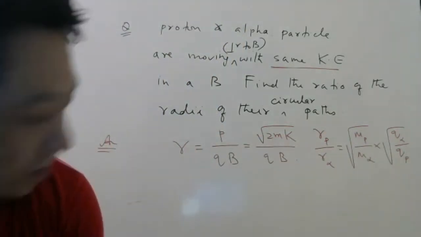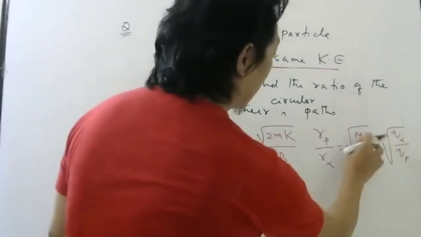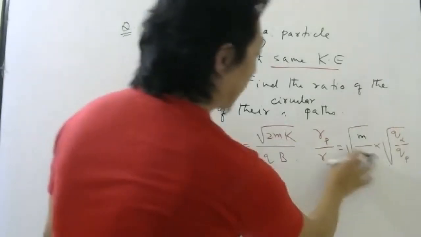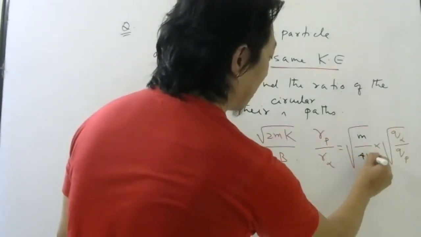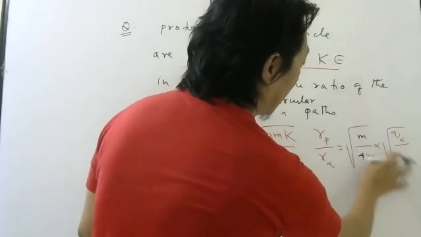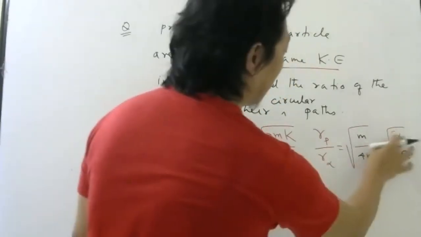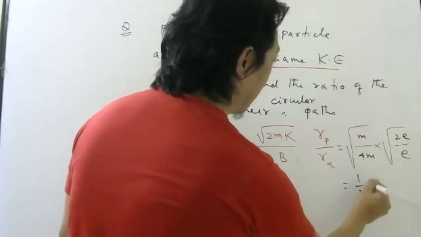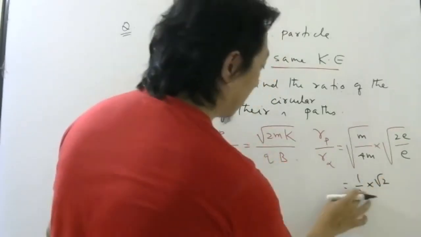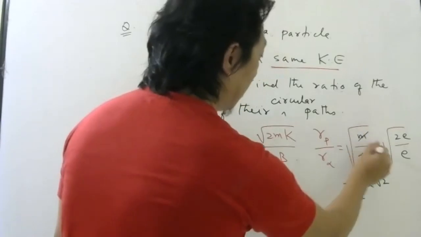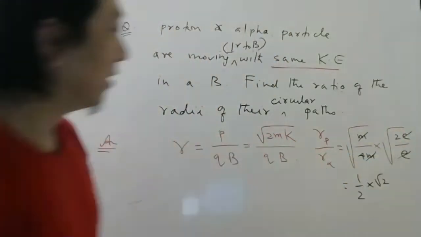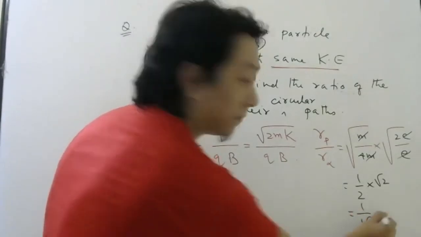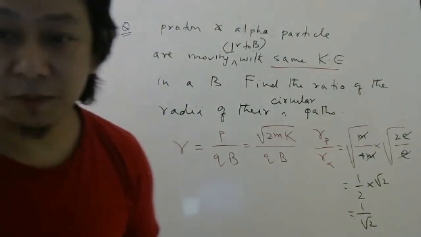Now, what is the mass of proton if I write m? Then mass of alpha will be 4m. Charge of proton if I write e, charge of alpha will be 2e. So this will be 1 by 2 into root 2. Sorry, 1 by 2, I correct only. m cancel, e cancel. So 1 by root 2 into root 2 will be... How did everybody get 1:1?